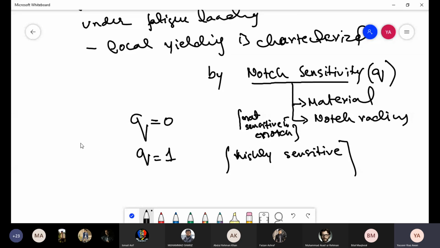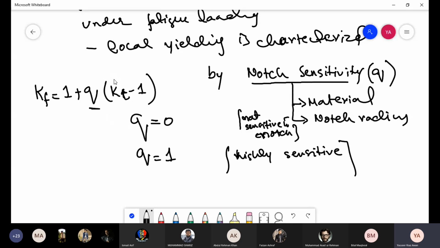And in terms of the fatigue factor, Kf is related to q and Kt by this factor, that is q, notch sensitivity. Let me quickly recap.